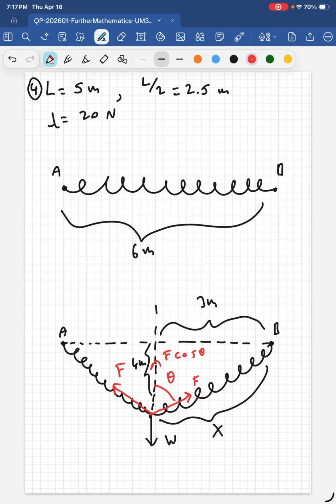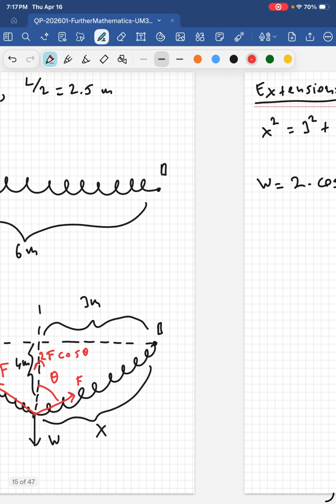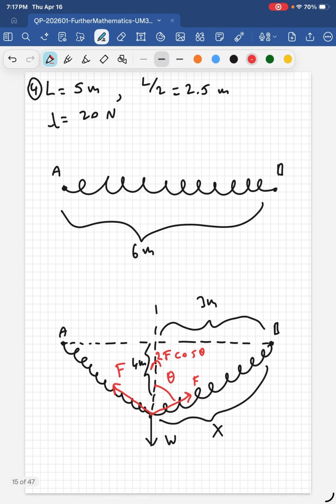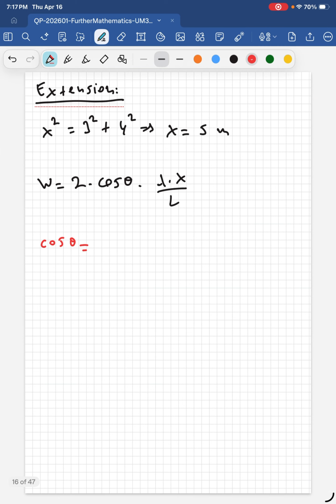We need it twice because we have a force from the right hand side and a force from the left hand side. So let's write 2 times F times cosine theta. Now from the drawing we made, cos theta is 4 over 5, right? So let's plug everything in.